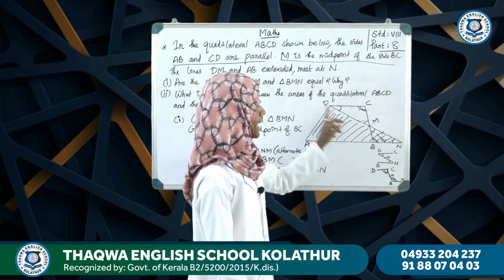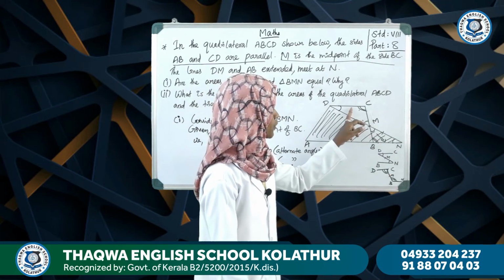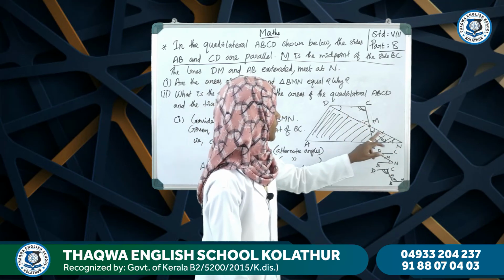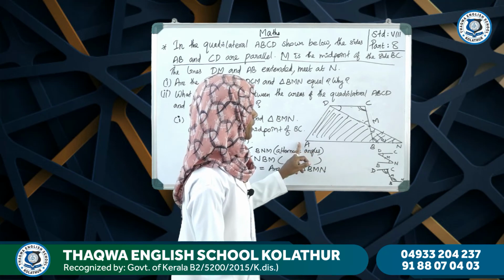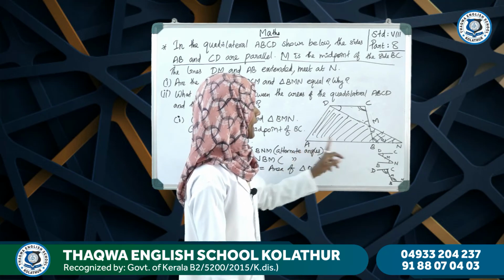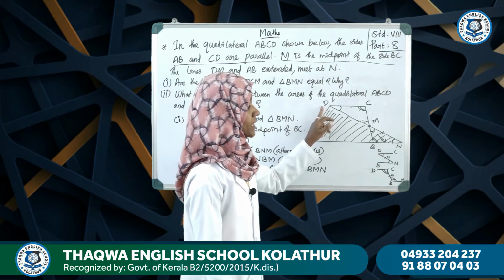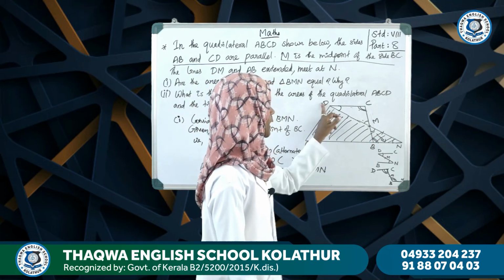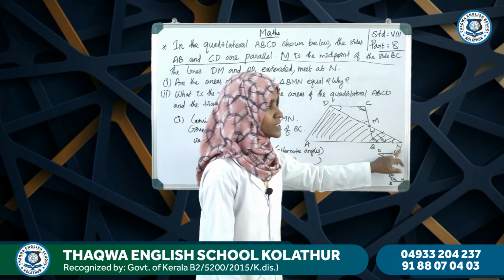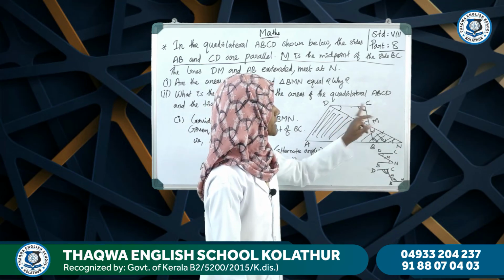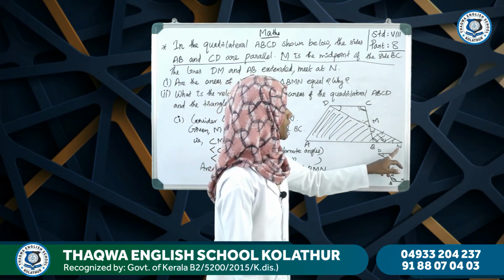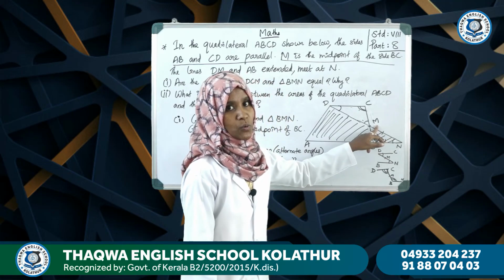This is triangle ADN. If these two triangles are equal, we can say that the area of the quadrilateral ABCD is the same as the area of the triangle ADN, because the area of triangle DCM and the area of triangle BNM are equal.